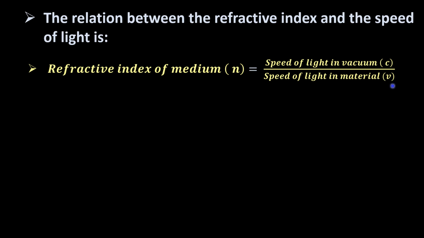In vacuum, all colors will move with the same speed, equivalent to the speed of light. That means here V is equal to C in vacuum. At that time, what will happen? C will get cancelled. You will get 1. That is, the refractive index of vacuum is equal to 1.